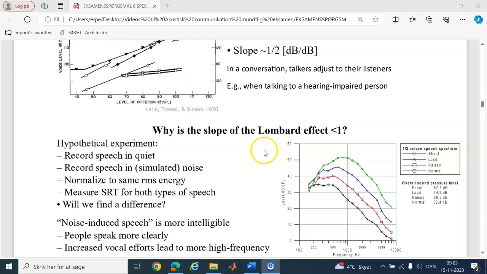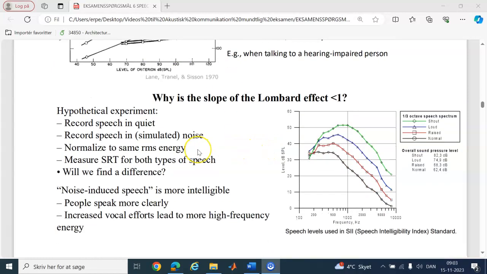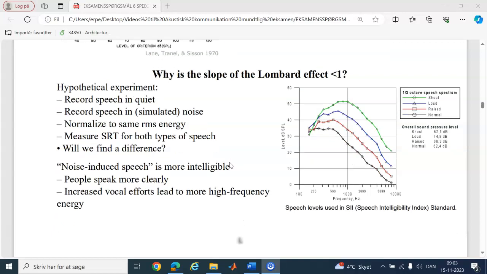Why is the slope of the Lombard effect less than 1? A hypothetical experiment: record speech in quiet, record speech in simulated noise, normalize to the same RMS energy, and measure the speech reception threshold for both types of speech. Will we find a difference?